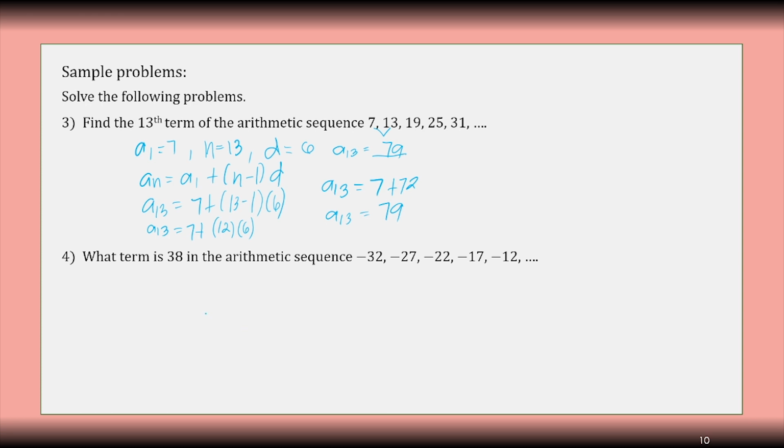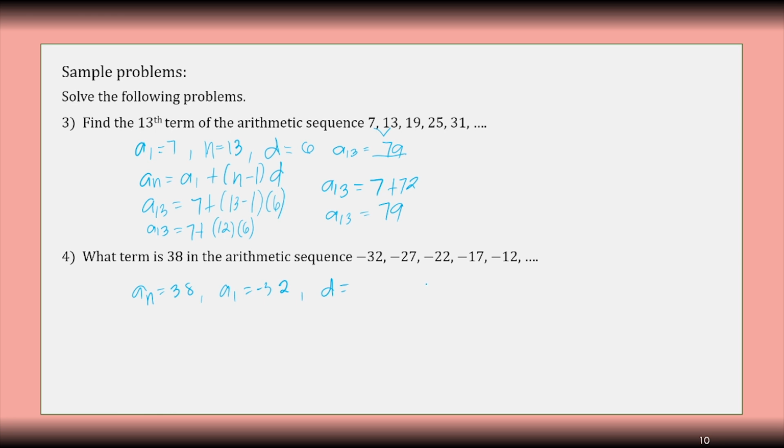Now, let's proceed to the example number 4. What term is 38 in the arithmetic sequence negative 32, negative 27, negative 22, negative 17, negative 12? So, in this case, the value of a sub n is 38. So, syempre, ang ating a sub 1 is negative 32. Then, ang common difference natin, makikita natin sa ating arithmetic sequence.